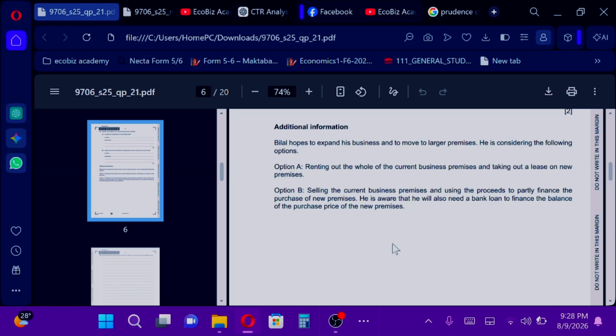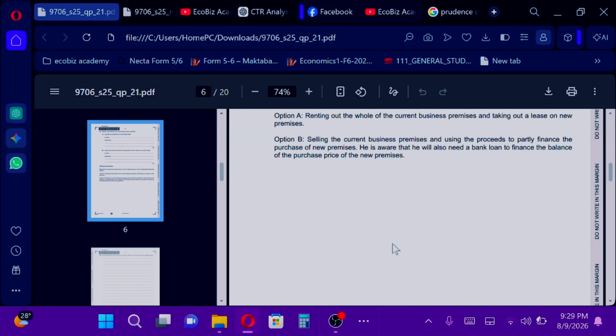Let's move on to option B. Selling the current business premises and using the proceeds to partly finance the purchase of new premises. He is aware that he will also need a bank loan to finance the balance of the purchase price of the new premises. Now, what does this actually mean?